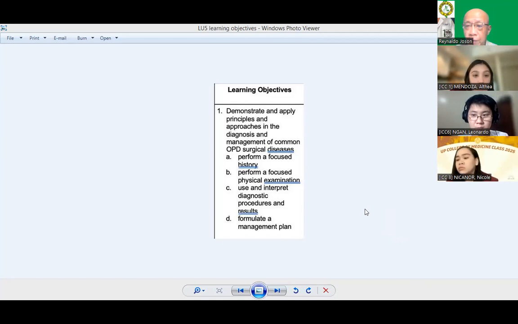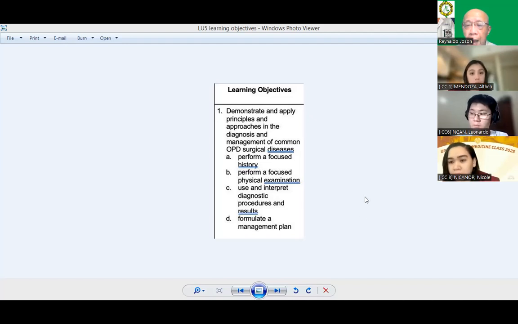This is what is usually done in actual clinical practice. Everything is focused. Only the relevant ones are considered. But the outcome will be the same.